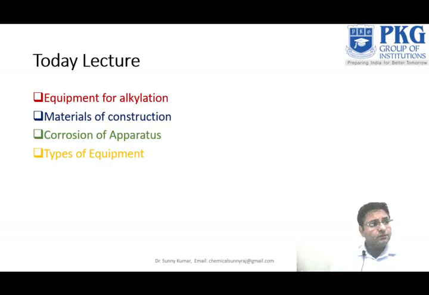If no harmful catalyst or intermediate products are used, we can use any type of material. But if you are using hydrogen fluoride or sulfuric acid, they are very sensitive to the material. They are very good oxidizing agents, so they can corrode the system.